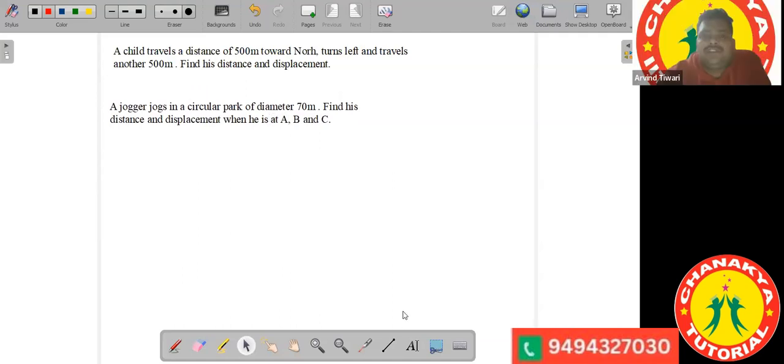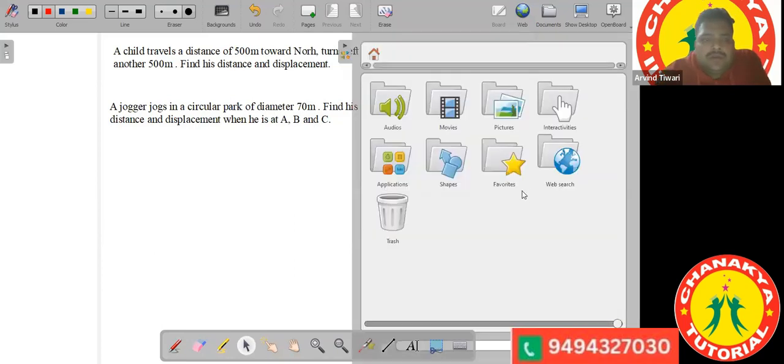There are two questions. You need to complete both of them. Just see if you can do the second one also. This gives us an idea of whether you have understood the first chapter or not.